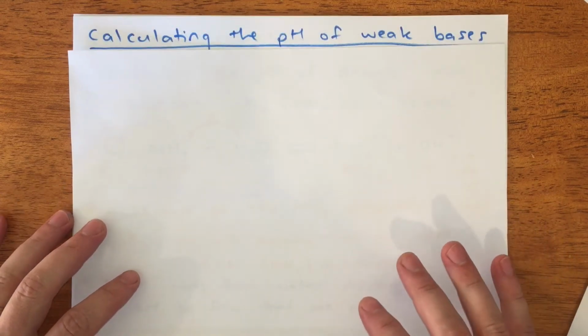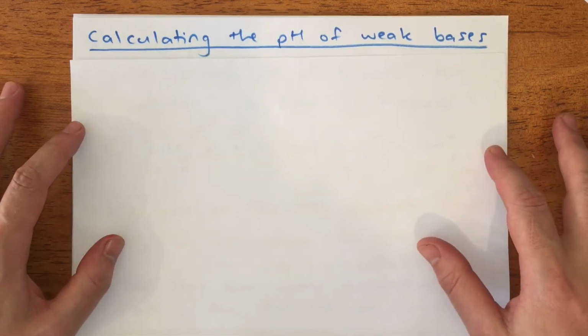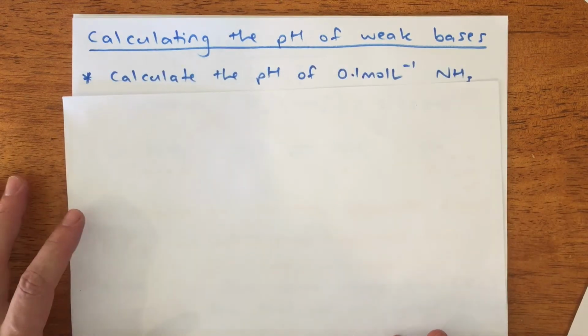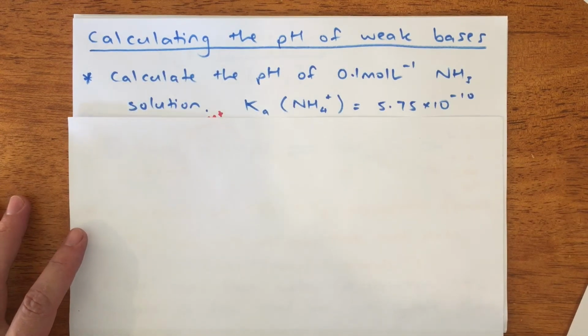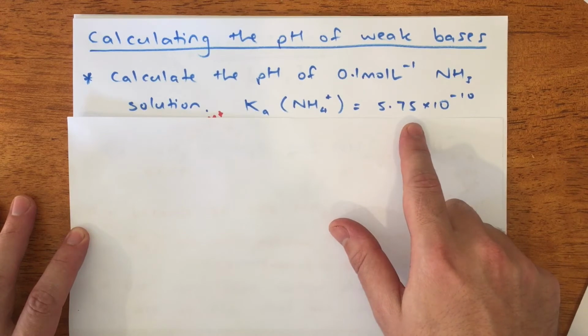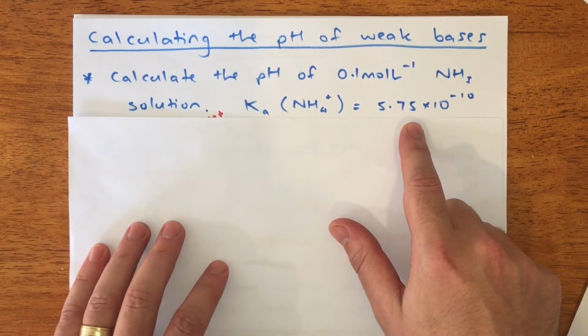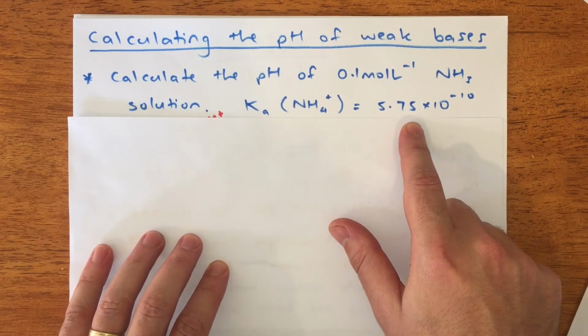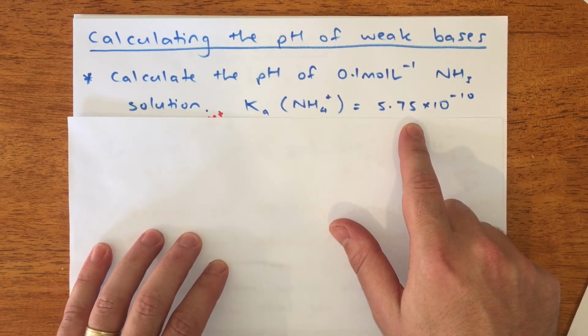We're now going to work through the calculation of the pH of a weak base. The question that we'll work through: calculate the pH of a 0.1 mole per litre ammonia solution given the Ka of its conjugate acid NH4 plus is 5.75 times 10 to the minus 10. We'll work through the same 5 steps that I used in the weak acid video.